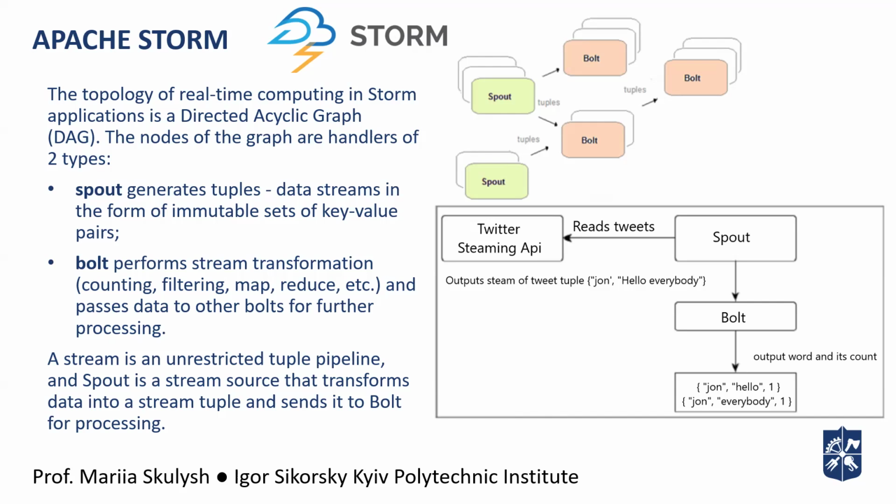What is interesting in this system? You can see on this picture that the system can have lots of spouts. They send tuples. Tuples are sent from spout to bolt, and the bolt parses the information of the tuple.